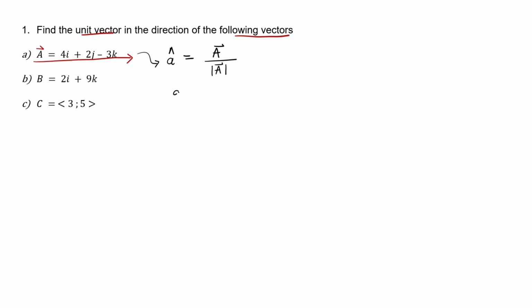So here, the unit vector will be given by the vector a in standard base notation, 4i plus 2j minus 3k, over the magnitude. The magnitude is the square root of, you apply Pythagoras here, the x component is 4, you square it, plus the y component is 2, you square it, plus the z component is negative 3, so you also square that.